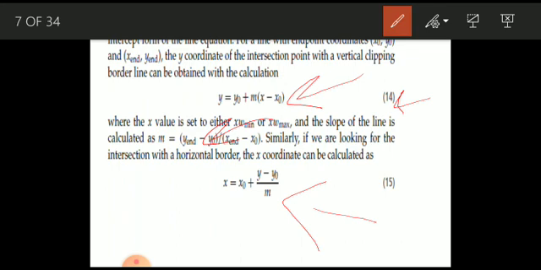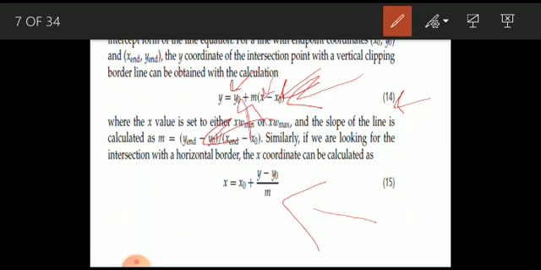the x value can be either set to xwmin or xwmax, because here the only unknown entity in this particular equation, because we already have y naught, we know x naught, m could be calculated, but the one unit which is not yet determined is the x value.